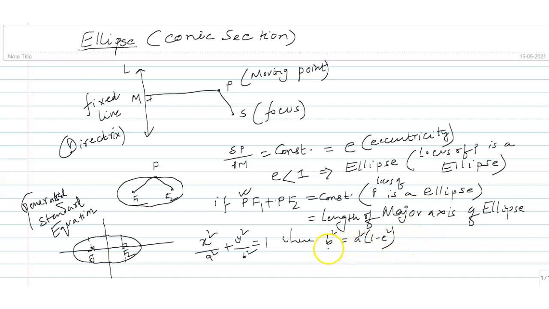As b is the semi-minor axis, 2b is this length, right? And 2a is the major axis length. As we know that b is less than a, therefore e is less than 1. Clear?